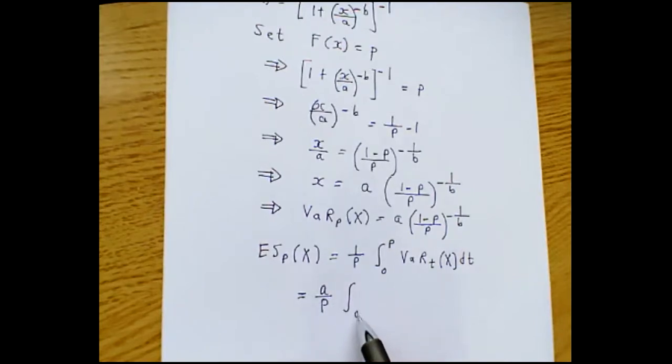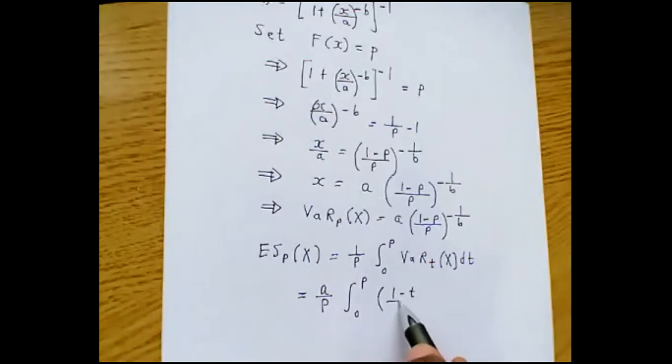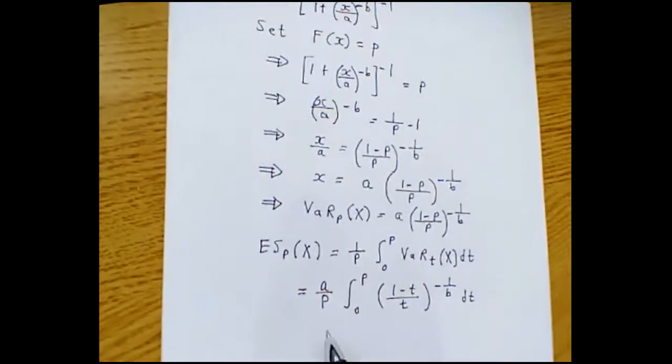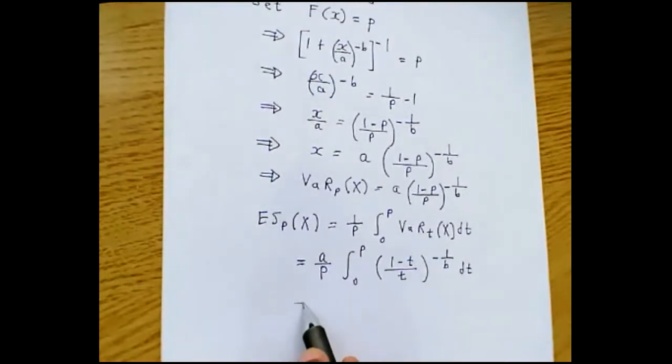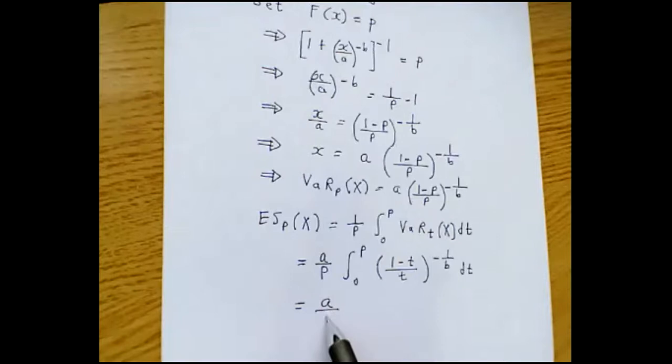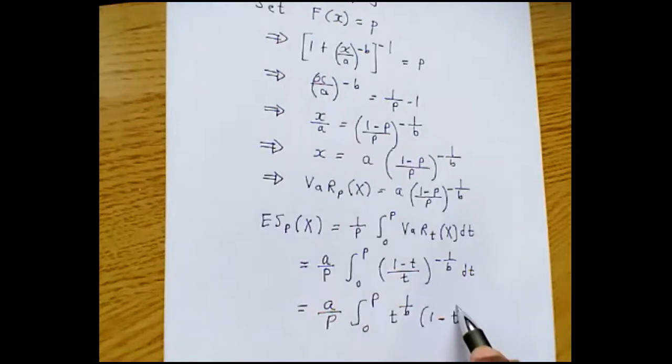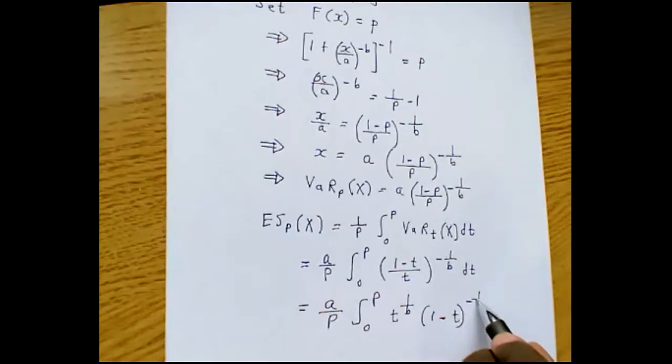So it's the integral from 0 to p of (1 minus t divided by t) to the power minus 1 over b dt. Right, and this you can write as a over p times the integral from 0 to p of t to the power 1 over b times (1 minus t) to the power minus 1 over b dt.